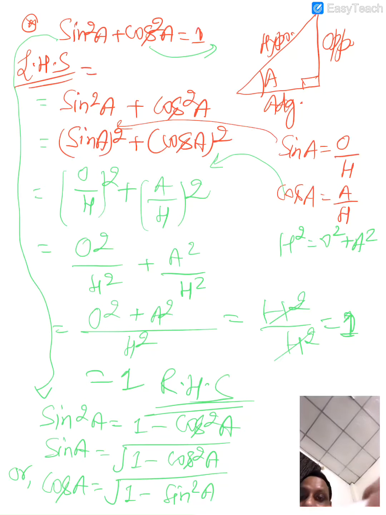Similarly we have two others which I am going to explain, but I will not prove them, I will only give you a brief idea and the formulas. Here is the angle A, this is 90 degrees, this is O, the opposite, this is the adjacent, and this is the hypotenuse.